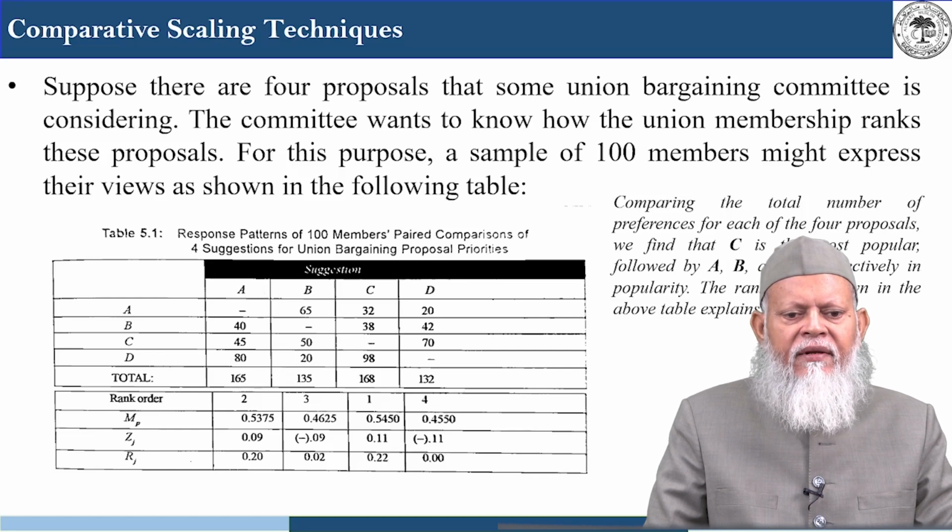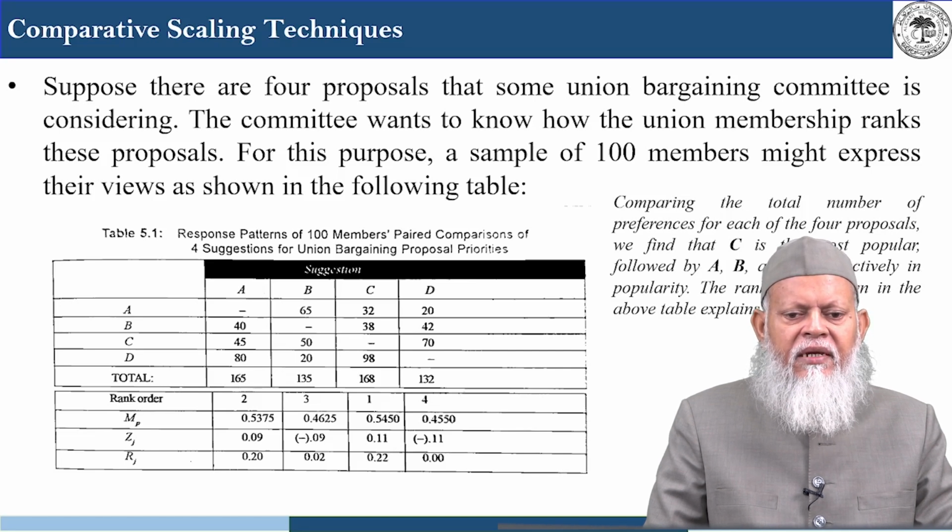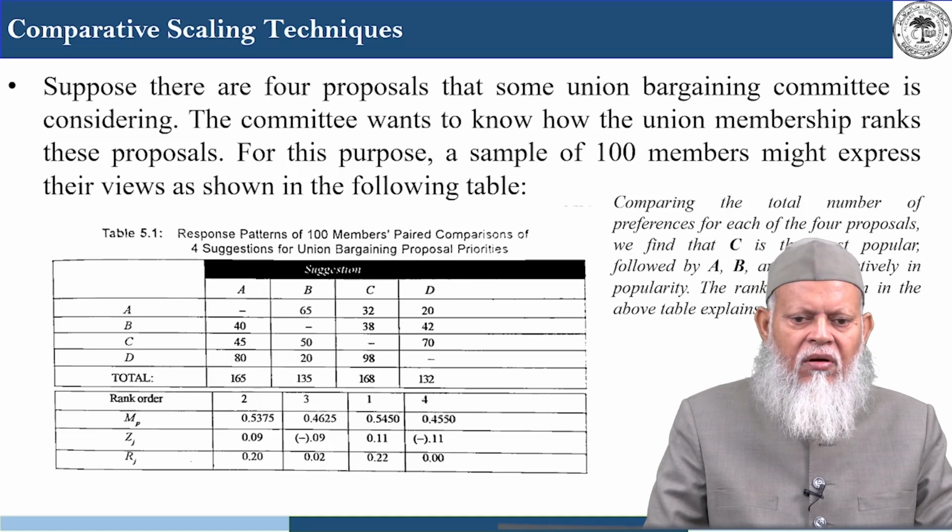Then there is a rank order: after the total there is a row which gives the rank order. So it gives C rank 1, A rank 2, B rank 3 and D rank 4. The rank order shown in the above table explains all this.